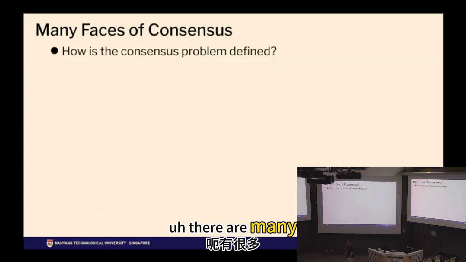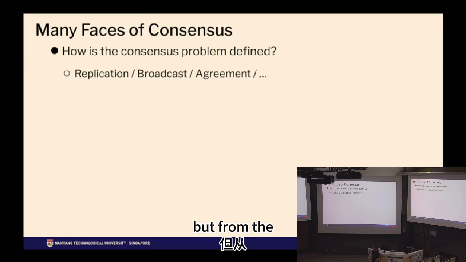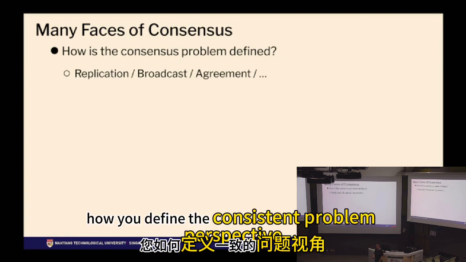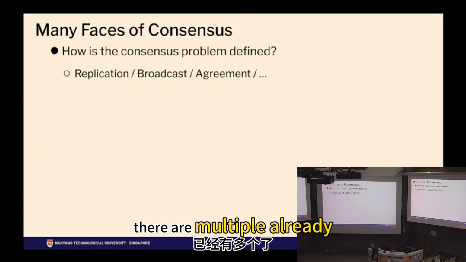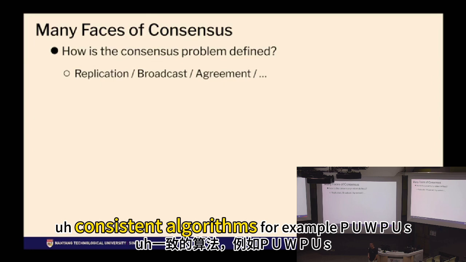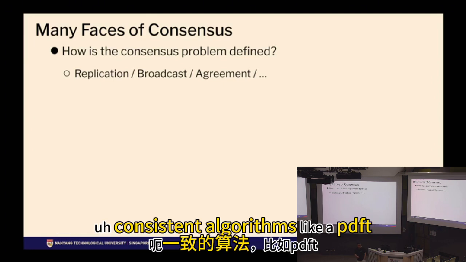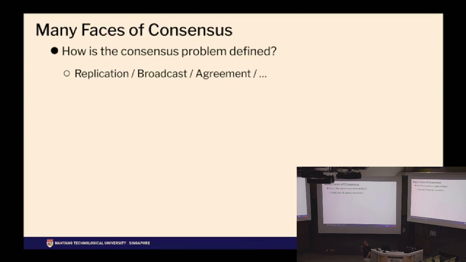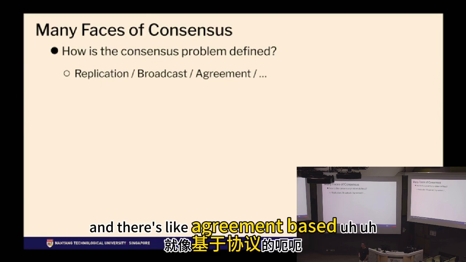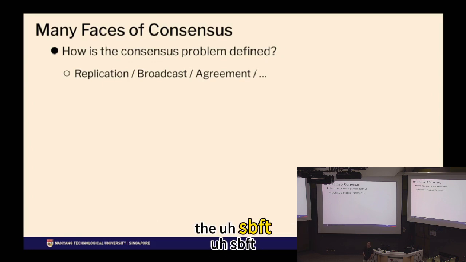There are many different types of consensus. I know you guys have learned a few of them already, but from the perspective of how you define the consensus problem, there are multiple. There are replication-based consensus algorithms, for example, POW, POS, and broadcast-based consensus algorithms like PBFT, and agreement-based consensus, for example, SBFT.